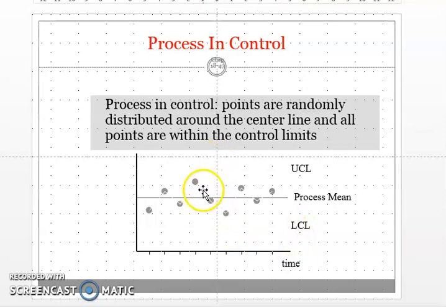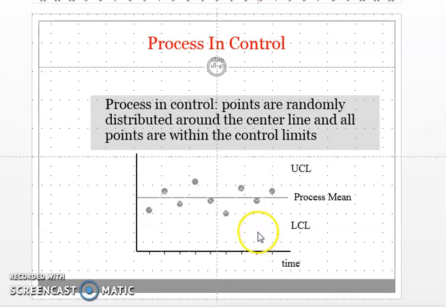But even in the natural cause of variation, chance causes 3 in 1000 products to fall outside the control limit. We already saw that this 3 sigma limit covers 99.73% of observations, which means out of 1000, 3 points can go outside the upper control limit or below the lower control limit, even though the process is in control.